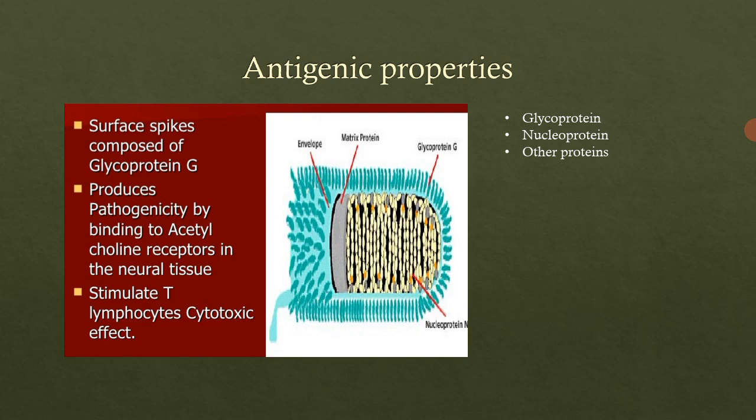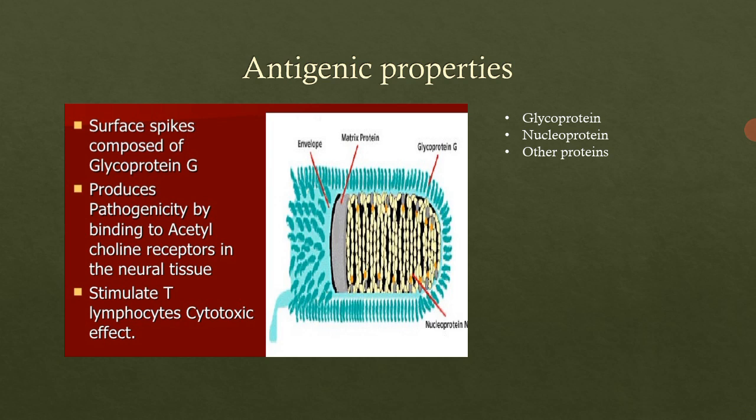And as it can induce the neutralizing antibodies, therefore this can also be used in the preparation of vaccines. Then it stimulates the cytotoxic T cell immunity, and as it will induce the cytotoxic T cell immunity, it will help the host cell to produce antibodies against that virus.